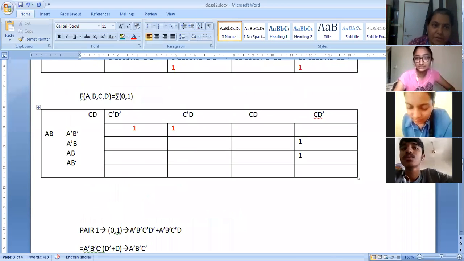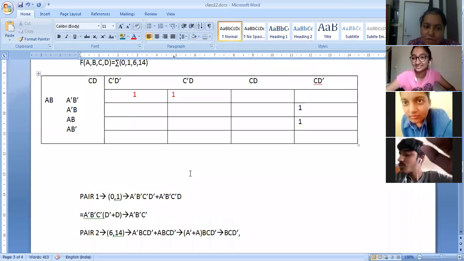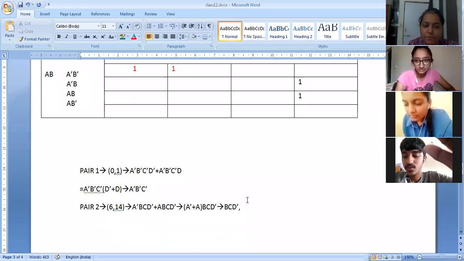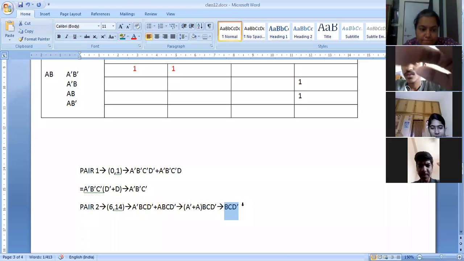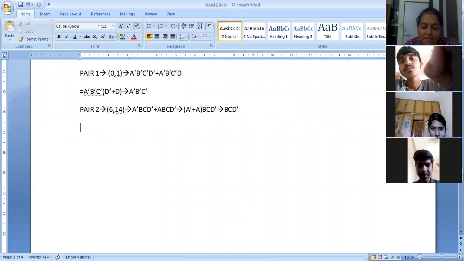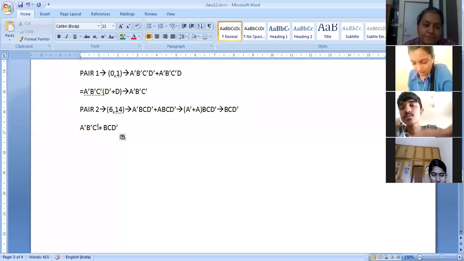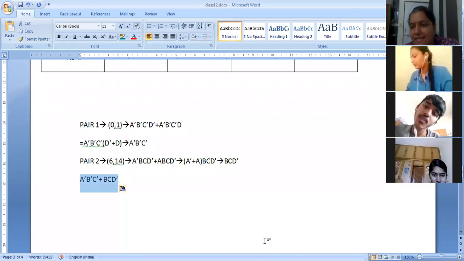Then the answer would have been A bar B bar C bar plus A bar D bar. This would have been the answer. It is not very simple. Do you realize why it is not very simple?